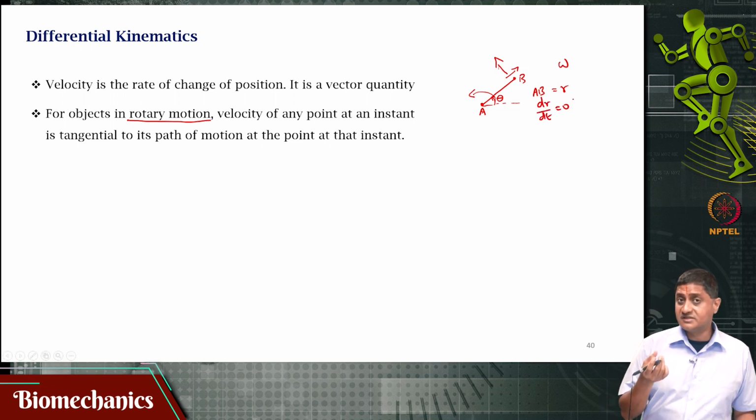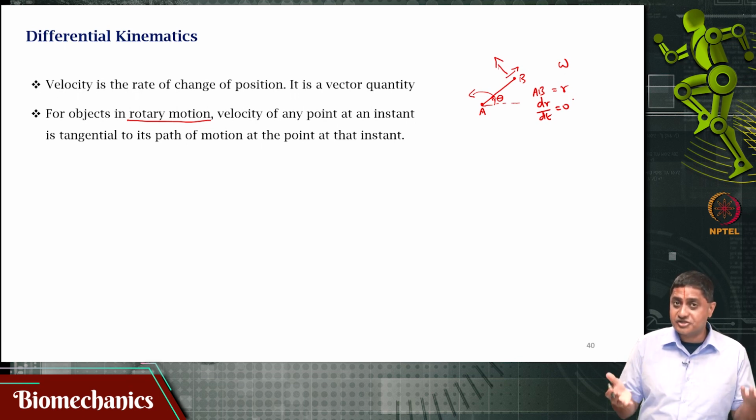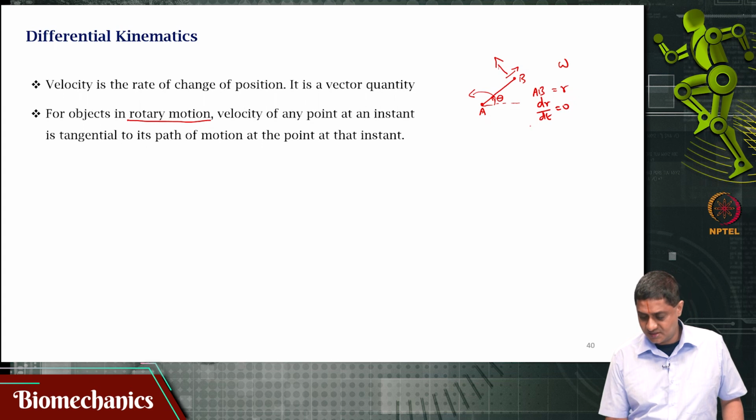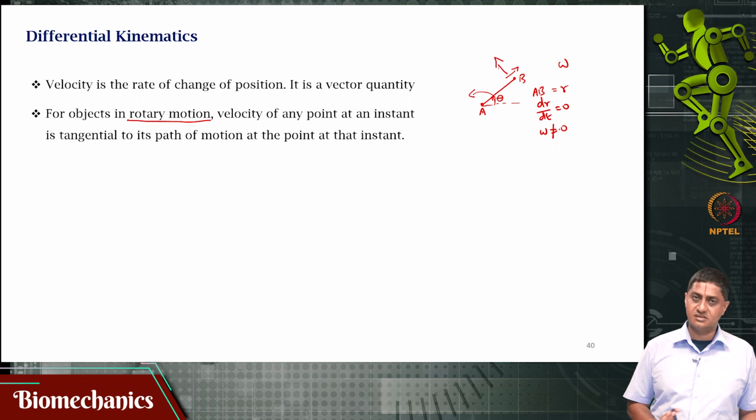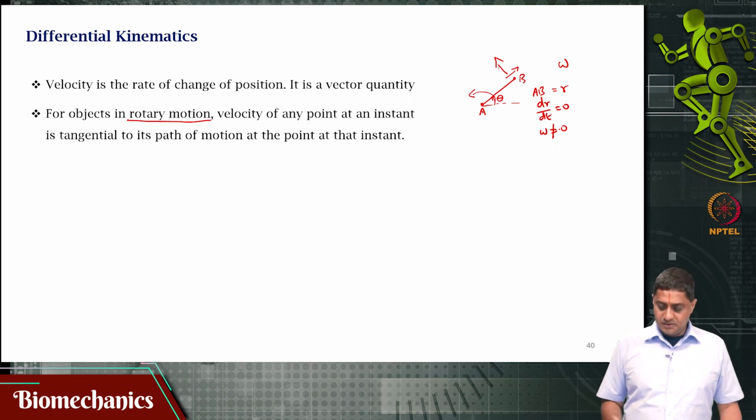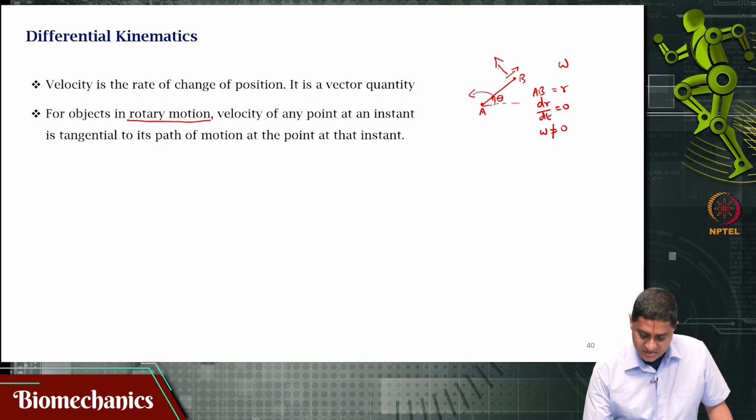That is, as a function of time the distance AB does not change. But omega, or theta dot, is not 0.